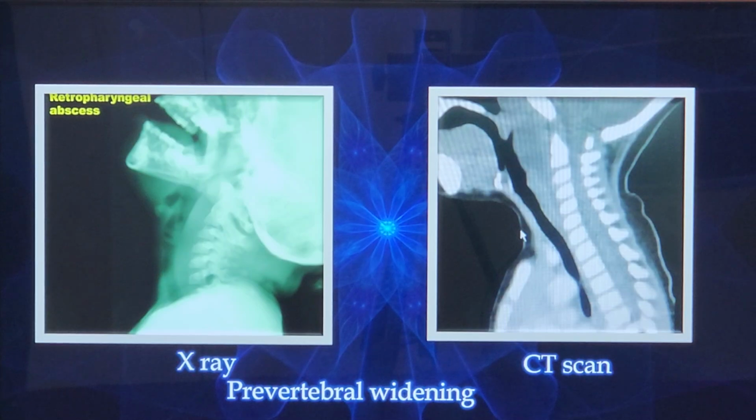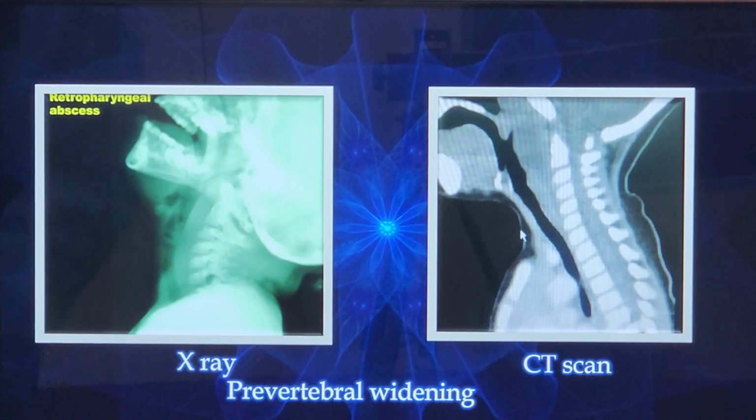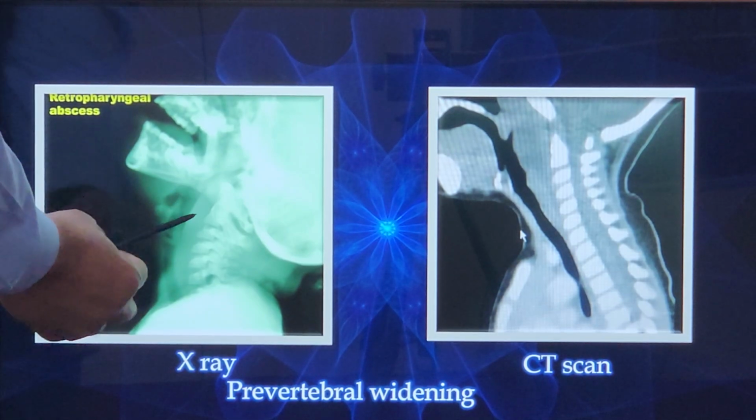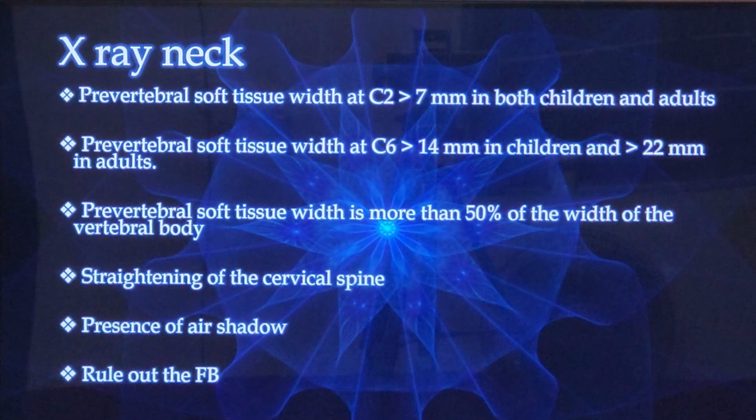So to start with the X-ray, on the left side you have the X-ray picture, on the right side the CT scan. You can see there is a bulge, there is a thickening in the area. This thickening usually is very thin. It will be measured at two levels, C2 and C6, and we have a criteria for that. Depending on that, we can diagnose this as a case of retropharyngeal abscess.